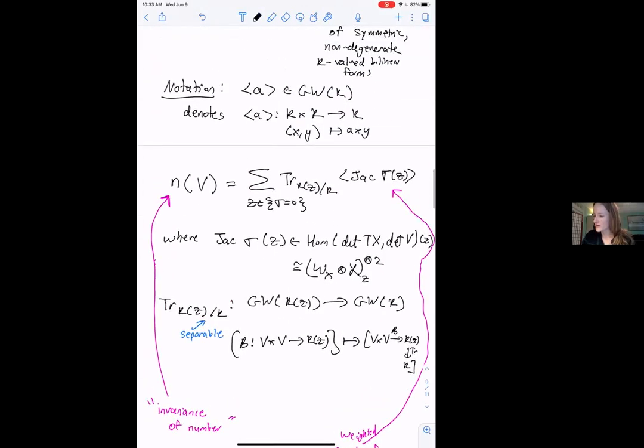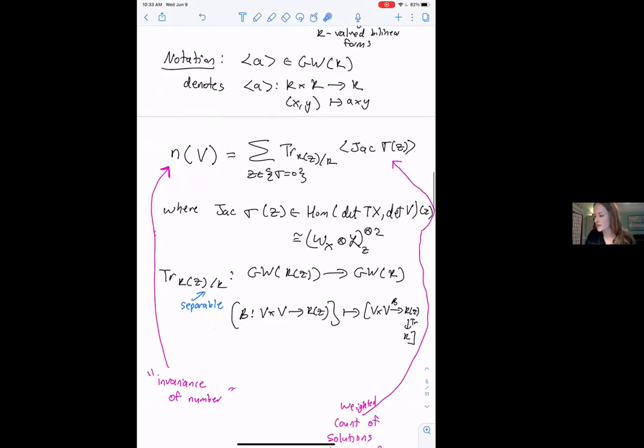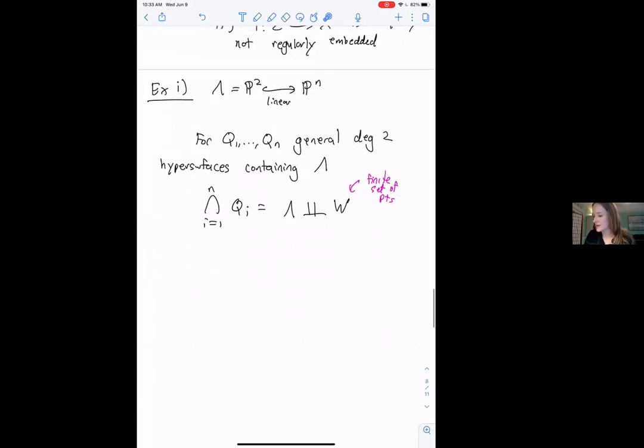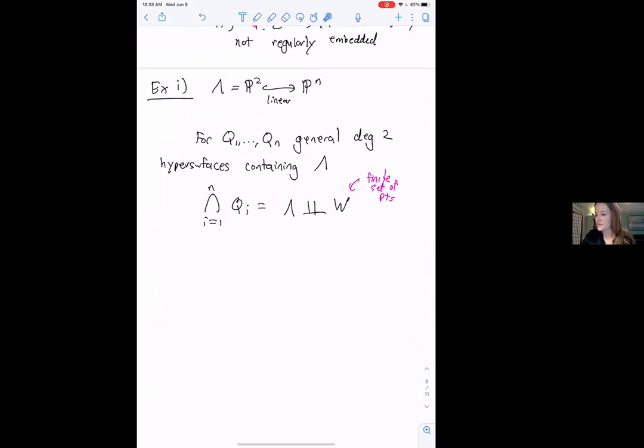So here we had an invariance of number because the whole Euler number is invariant, and the whole Euler number is the sum of the excess piece and the count of W. But the excess piece could potentially depend on sigma. However, like in the 5 conics problem, it doesn't. We have invariance of number anyway.